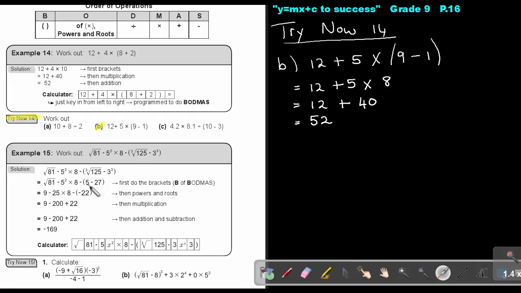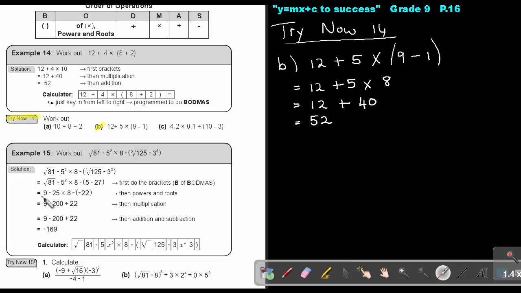Multiply 8. Now, first do the brackets. Remember, the signs are different, so I subtract and I take the sign in front of the biggest number. So it's negative 22. Don't forget, that bracket is meaning multiply. So a negative multiply a negative will be a positive. Now, first do that multiplication. So rewrite and then say 25 times 8, that's 200.